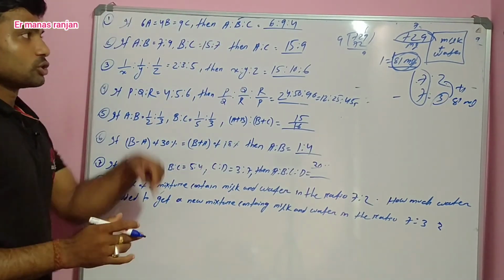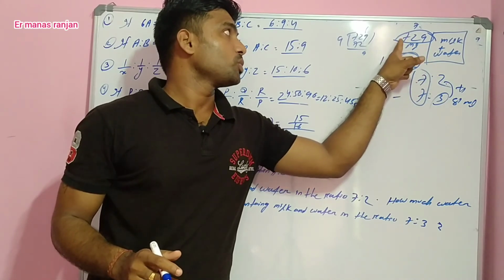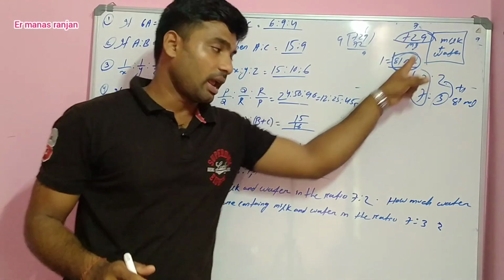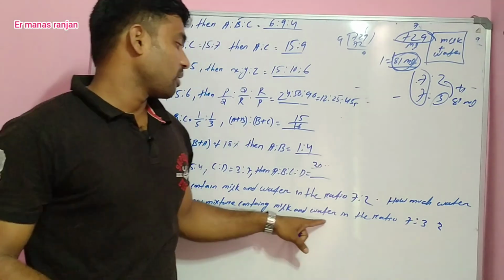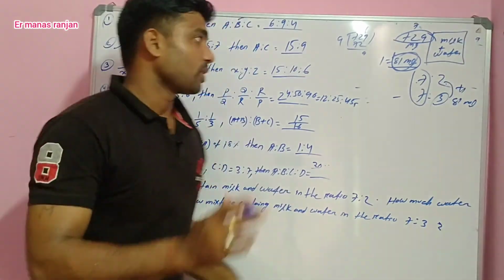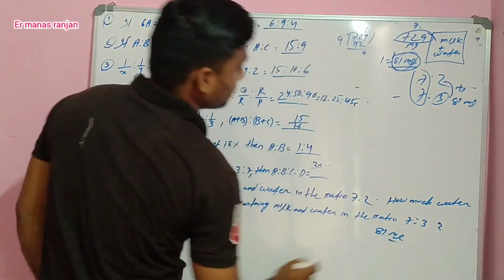So 81 milliliter is added to 729, then we get a new mixture containing milk and water in the ratio 7:3. Understood? So the answer will be 81 milliliter.